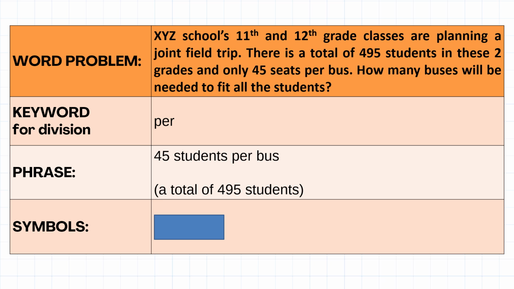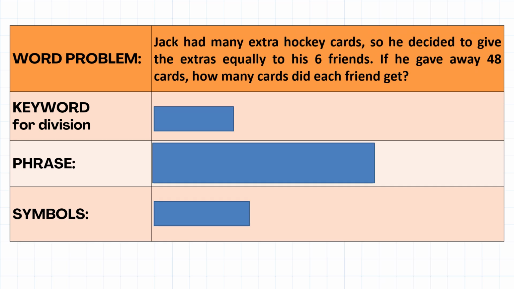And since there's a total of 495 students, what you will do is to divide 495 by 45 to determine the total number of buses that will be needed to fit all the students. So again, 495 divided by 45 is now the representation of the total number of buses that will be needed to fit all the students. Word problem number 4.